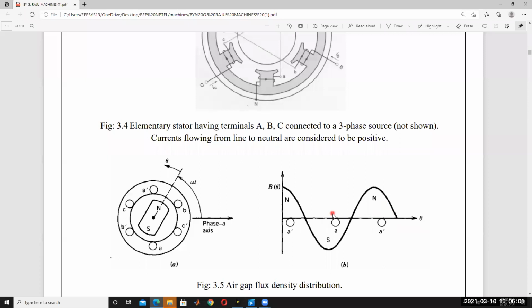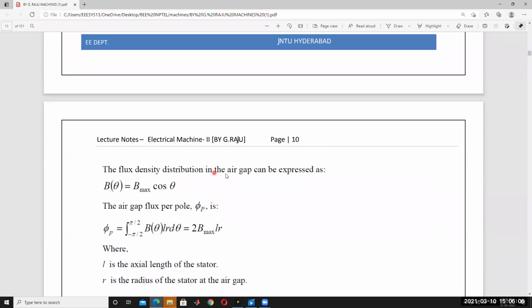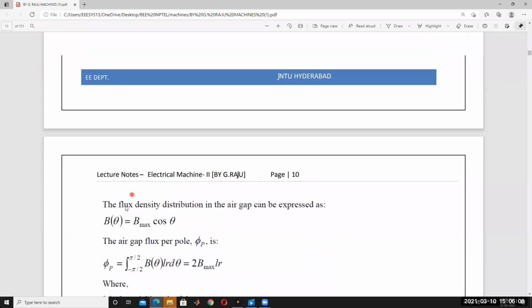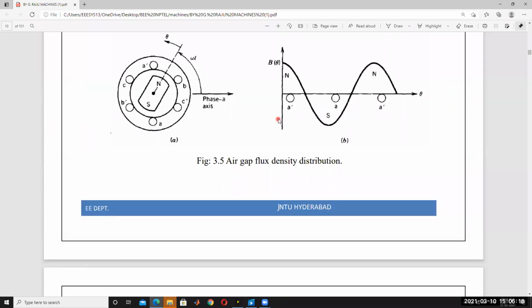So like this, the magnetic flux is distributed. The flux density distribution in the air gap can be expressed as B of theta equals B max cos theta. Here at the start it is 0, then pi by 2, pi, like this.